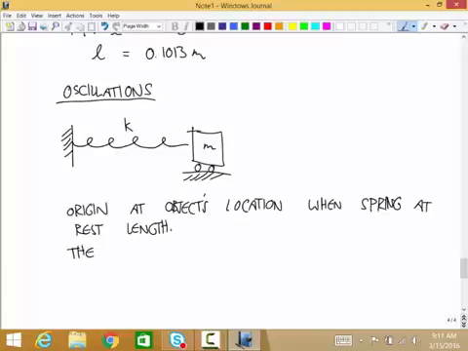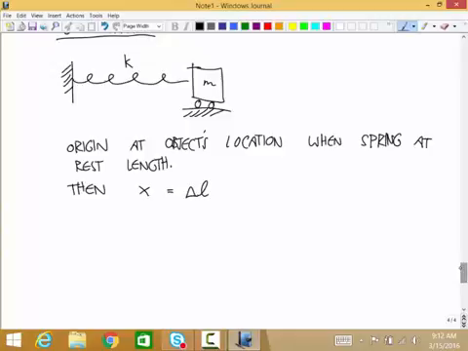Then notice that x is equal to delta L. Wherever it stretches or compresses, the x position gives you the delta L. At time equals 0, let's say you pull the x back to, I don't know, well, let's just say to positive a.